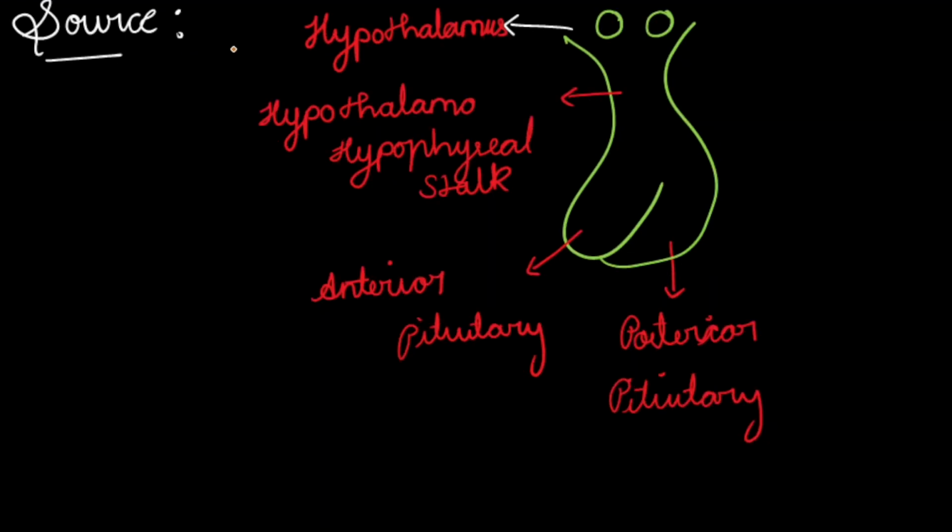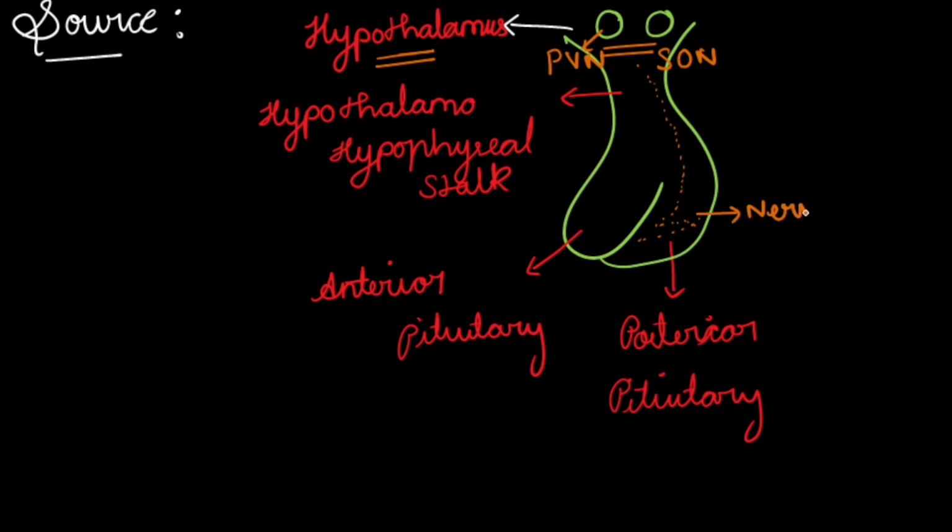Here oxytocin is mainly secreted by the nuclei of the hypothalamus, that is the paraventricular nuclei and supraoptic nuclei. Both secrete oxytocin, and from there it reaches the posterior pituitary, where it is stored in the nerve endings.